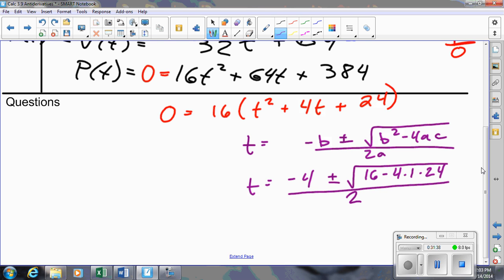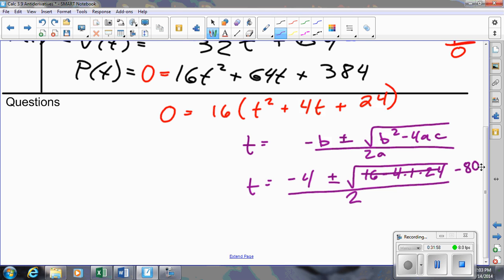So 16 minus 4 times 1 times 24. Well, 4 times 24 is 96. 16 subtract 96 is negative 80, and I hope you see the problem with that. We can't take the square root of a negative 80.